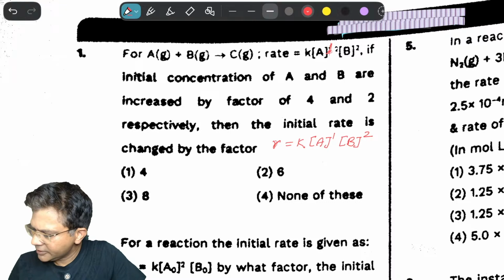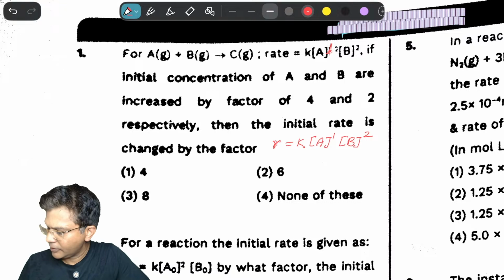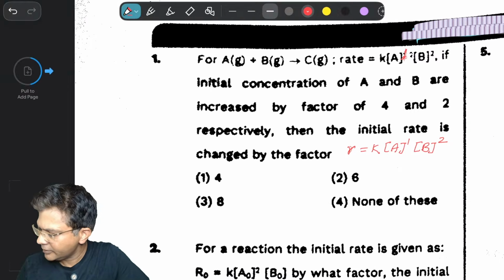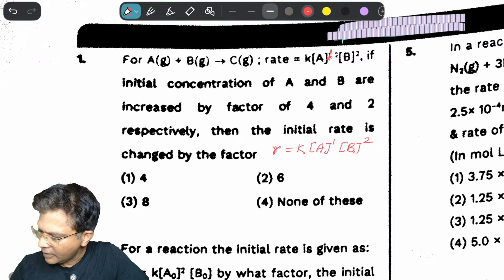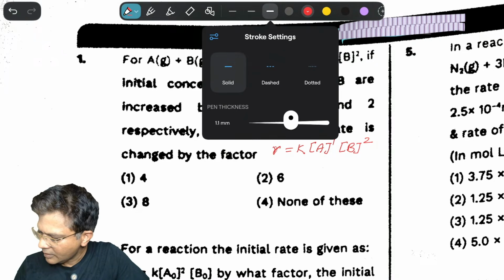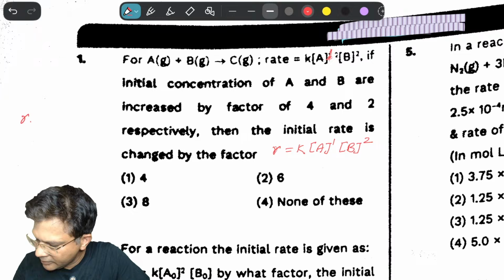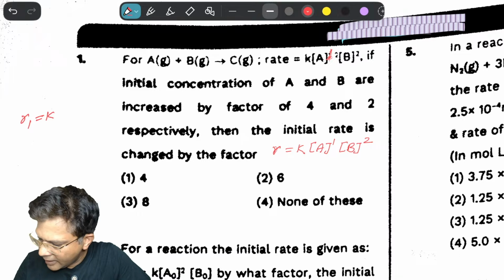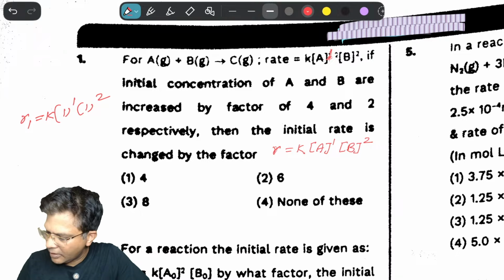For a reaction, initial concentration of A and B are increased by a factor 4 and 2 respectively. Now see kids how to solve it. If I say in the starting it is R1 equal to K, and if I keep 1 raised to power 1 and 1 raised to power 2, it will come out like this.